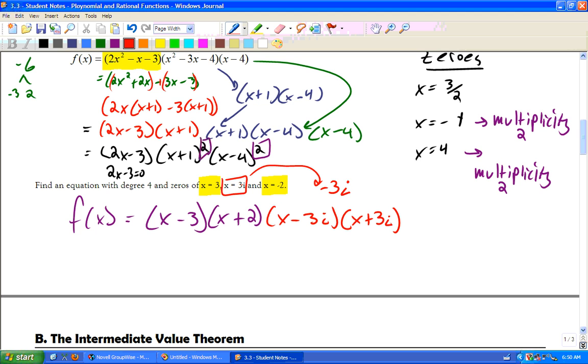This is giving us more information than we maybe would expect. It's telling us that if x equals 3i, we also know, because complex solutions come in conjugate pairs, that negative 3i is also a zero, so we can also put in x plus 3i. The reason why is that to get this i, we're taking the square root of negative 1. The equation we're setting up is x squared equals negative 9. When we take the square root, we get x equals positive 3i, but because we took the square root, we also get a positive and negative. That's why complex solutions always come in conjugate pairs.